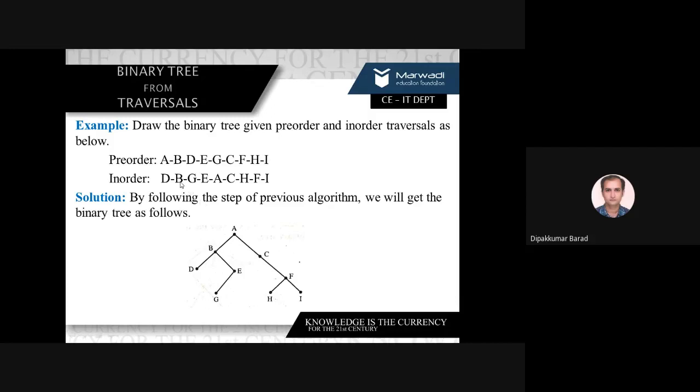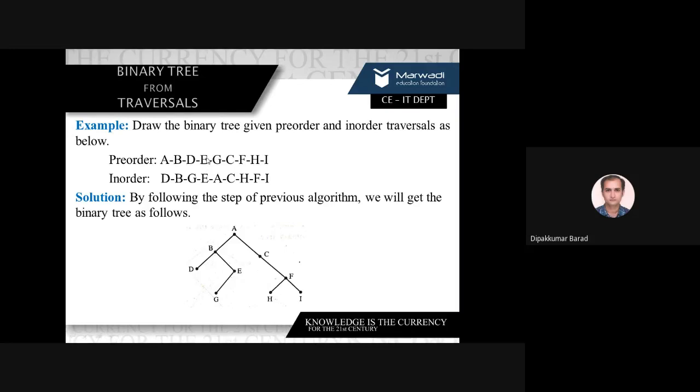Now B here, if you look in order, then on the left side of B we have D. So this D is a left child of B, and G. Now on the right side we have G and E. Okay, so from this again we have to find out the eligible candidate. So here G is on the right side of E. So as a pre-order, first we get root, and then left child, and then right child.